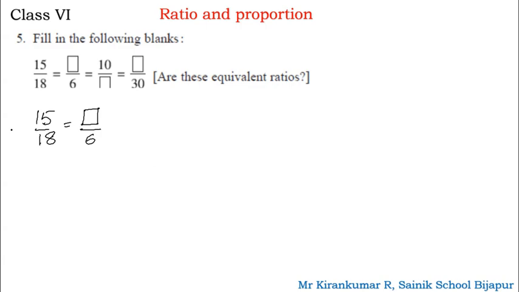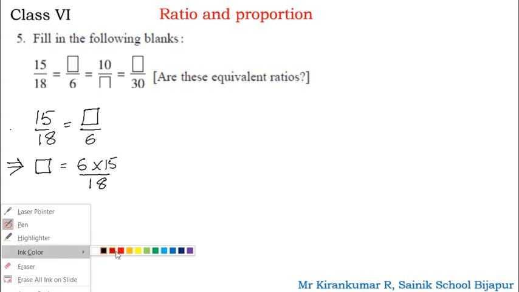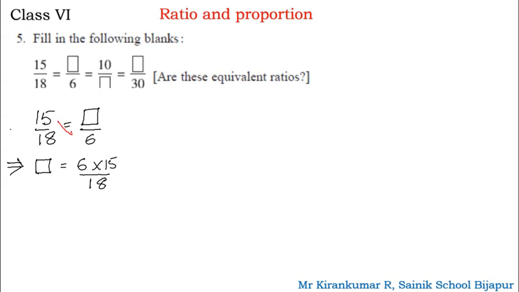Using this, I can find the missing one. This will be equal to 6 times 15 divided by 18. What I have done is cross multiplied. On cross multiplication, we get this.